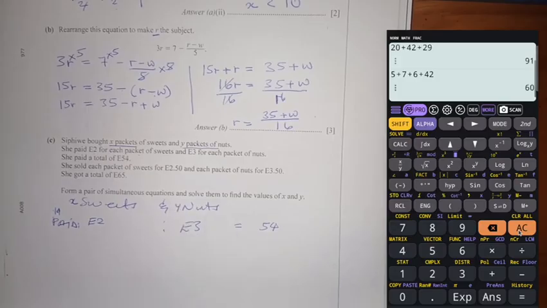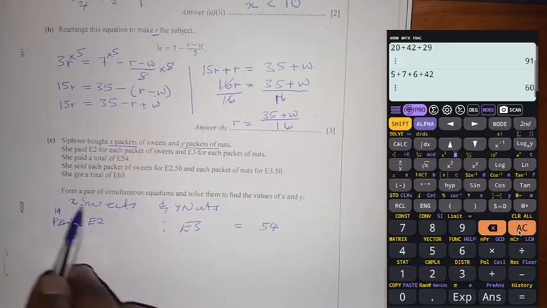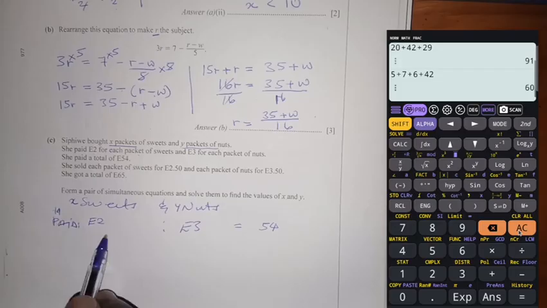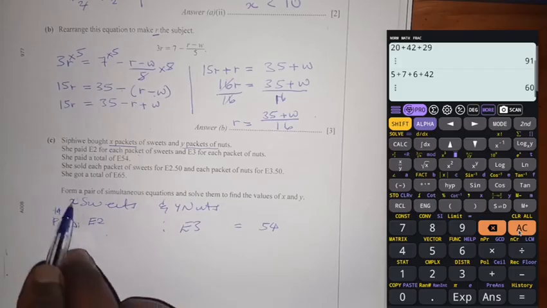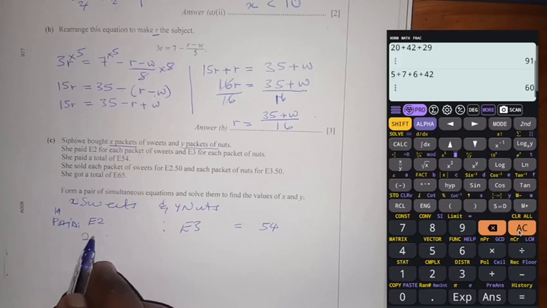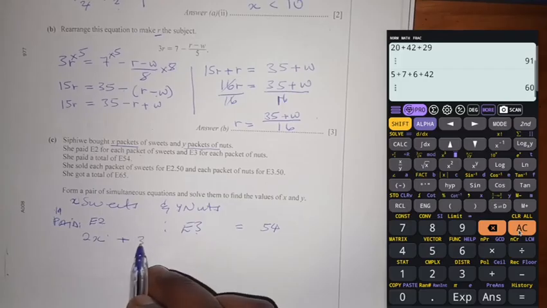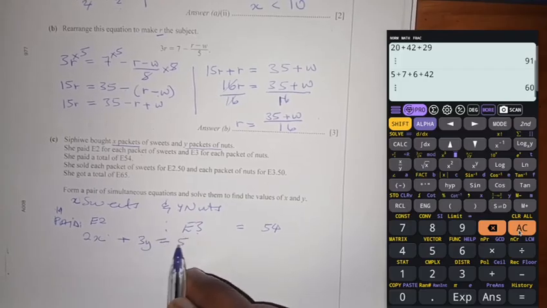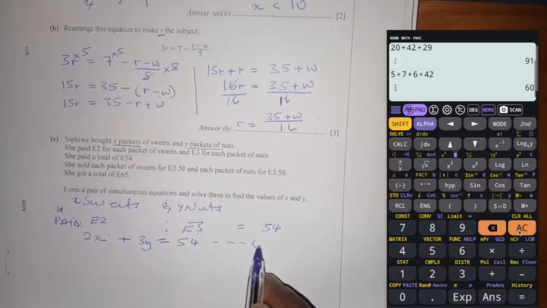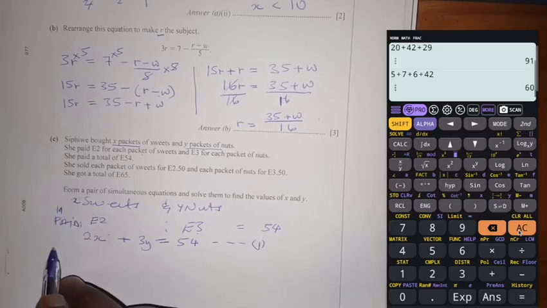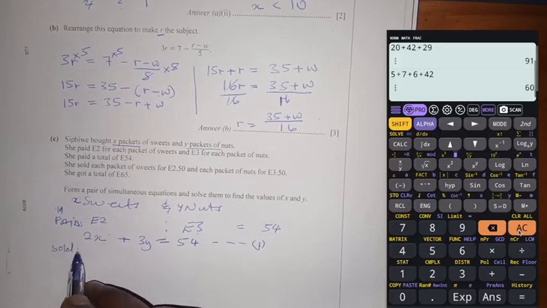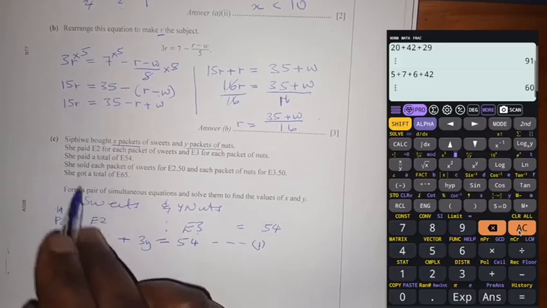So if we were to form an equation there, if you bought x sweets, it is x times the cost of each. So it's 2x plus 3y equals 54. This is our equation 1. Next, she sold. So this one is the amount she's receiving now.